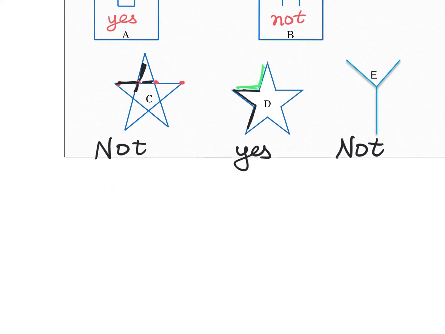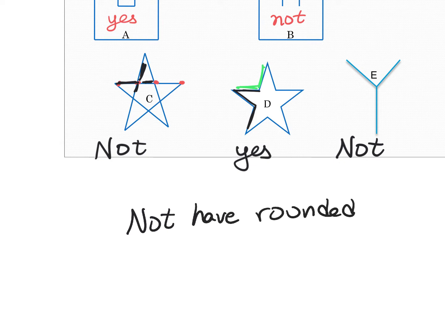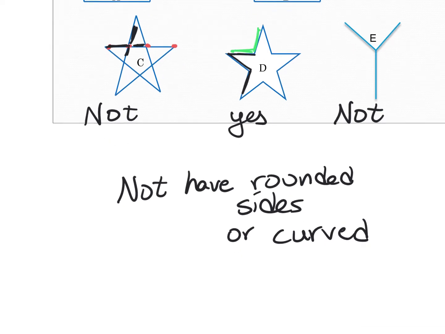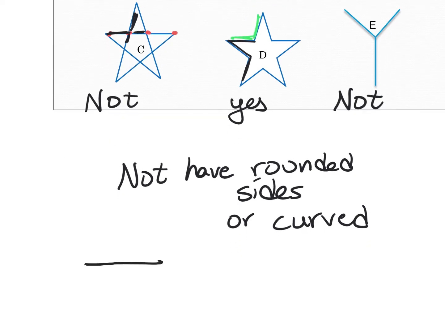Now, another characteristic of a polygon is you cannot have rounded or curved sides. So for example, if I drew something like this and it's got like a little dome, this would not be a polygon because you can't have a curved side.